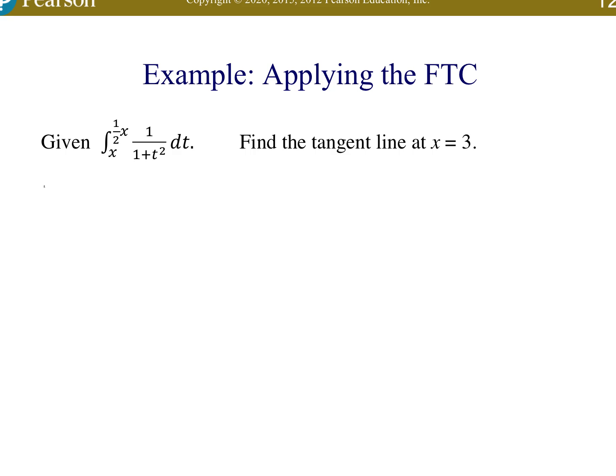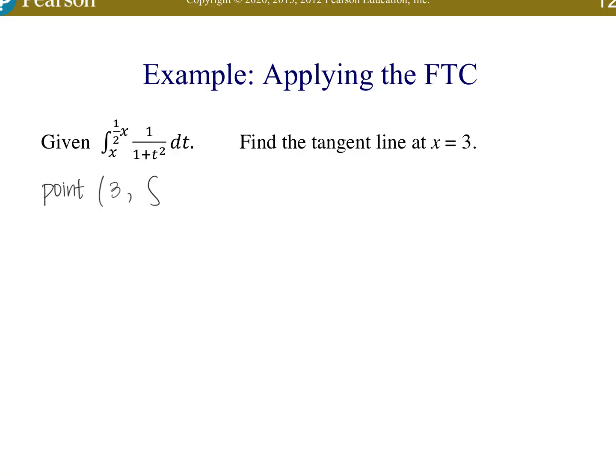So the point means you're plugging 3 in, but be careful about where you're plugging 3 in. What are you plugging 3 in for? X, and where's x in the original equation? In the bounds. So you're not plugging 3 in for t, you're plugging 3 in for x.